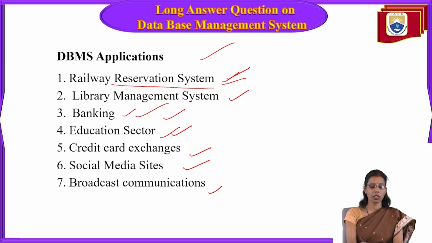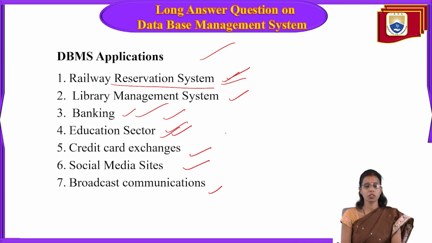We can get to know all that information in the education sector once the database file is ready in the computer system. Now credit card exchanges: whatever exchange is there, what is the credit number, how much amount is to be debited from which card holder, all that information is also helpful in this DBMS.